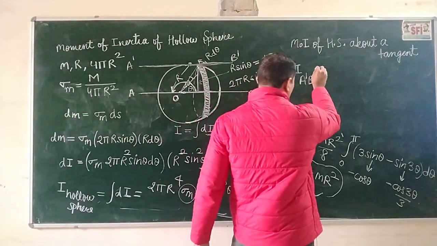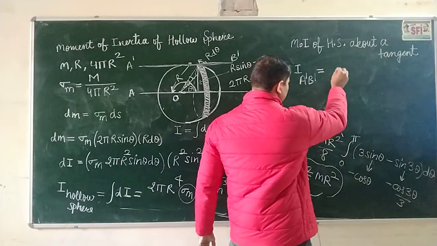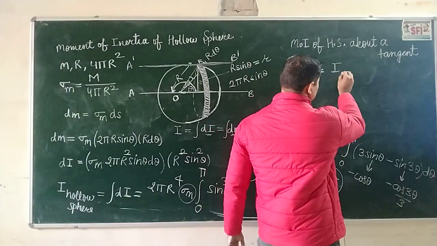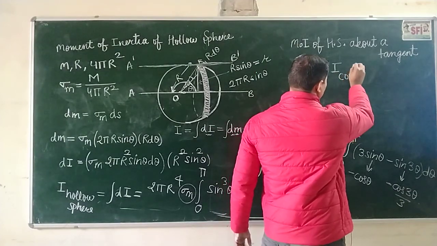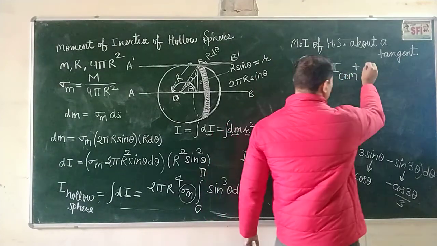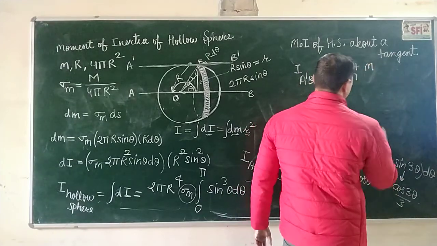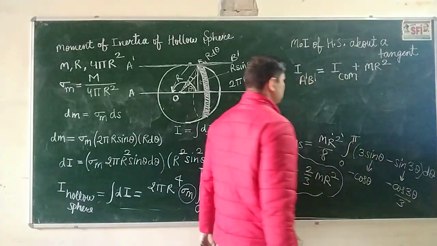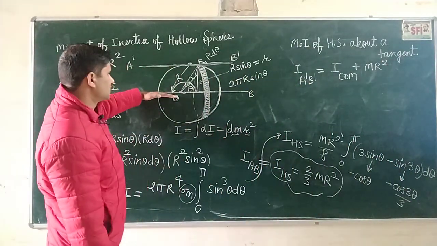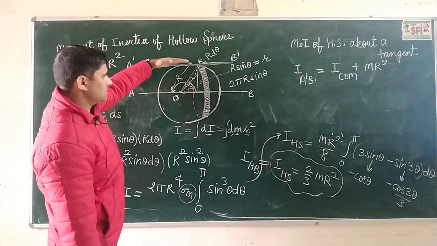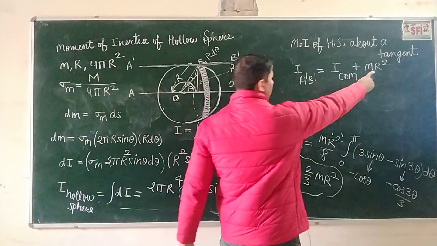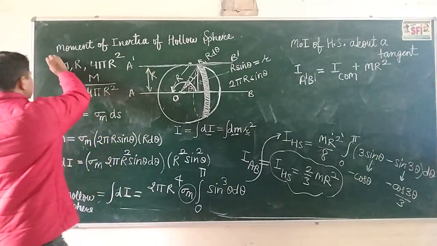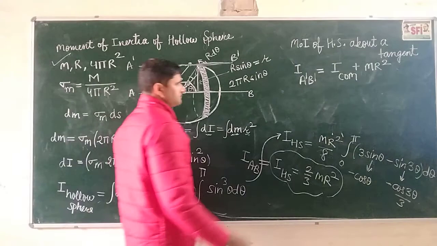So here you will make use of the parallel axis theorem: the moment of inertia about the tangent is the moment of inertia about an axis passing through center of mass, plus the mass of the hollow sphere times the square of the perpendicular distance between the axis passing through center of mass and the tangent. That distance is r, and the mass of the sphere is capital M.